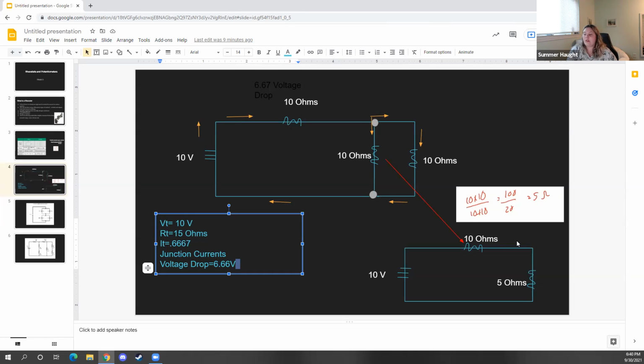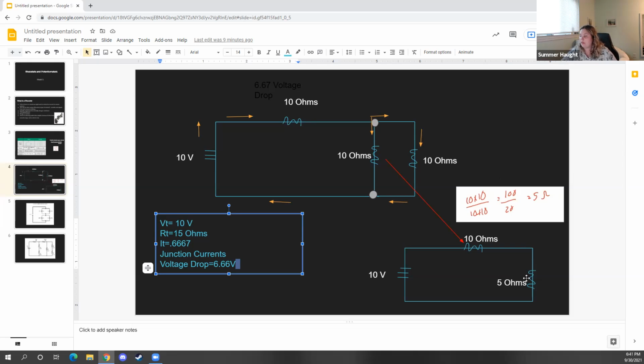So basically, in order to calculate voltage drops, you still use the equation I, which is current, times resistance equals voltage. It's still the same equation, but in the situation where you want voltage drop and not total voltage, your resistance is just the only resistance that you're finding the voltage drop for.